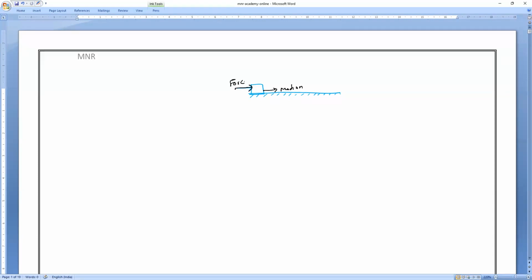If the force is applied, the body will travel some distance and come to a new position.